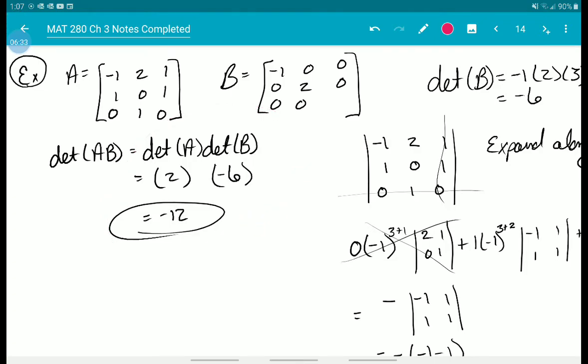We really just had to find the determinant of this B matrix, which was easy because it was just a diagonal multiplication. And then we had to do a little work to find the determinant of A. But we didn't have to find a product of AB. So sometimes these are going to be helpful, and sometimes it may be just as broad as it is long computing the product. So it just depends on the problem.